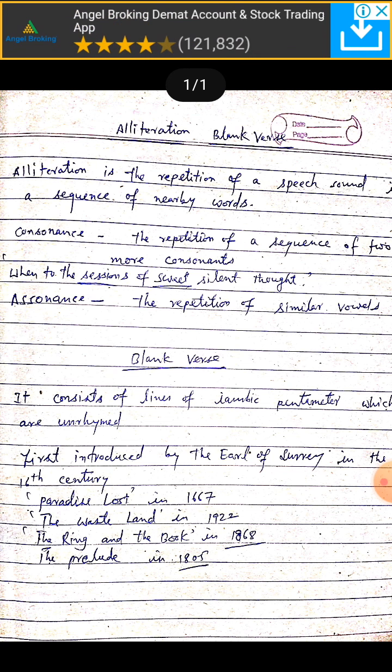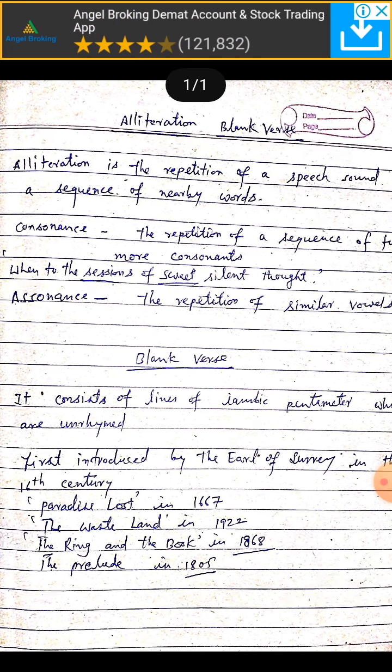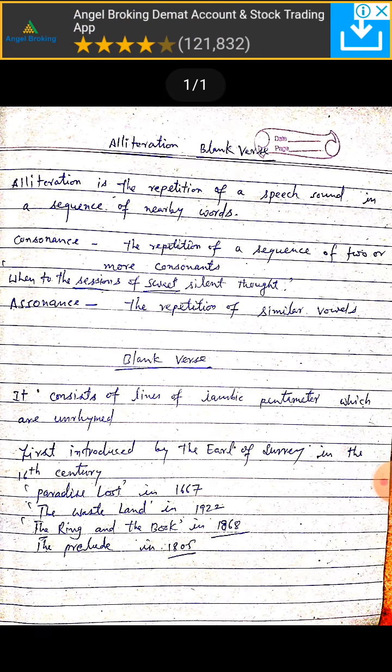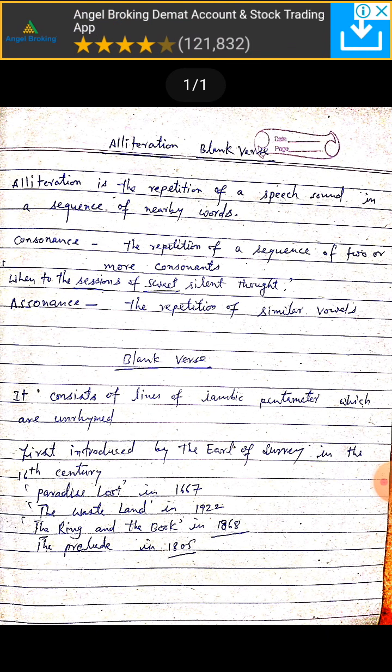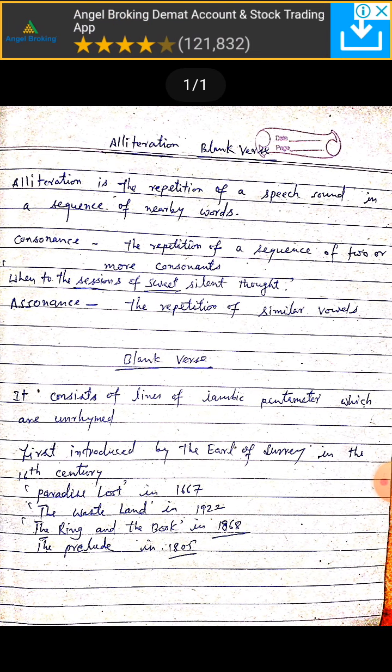So these two are literary terms which are frequently used in English literature: alliteration and blank verse. Summarizing these two, alliteration is the repetition of a speech sound in a sequence of nearby words, while blank verse consists of lines of iambic pentameter which are unrhymed.